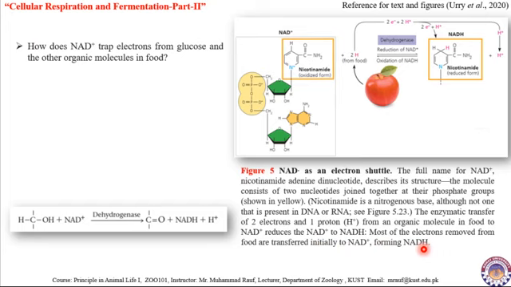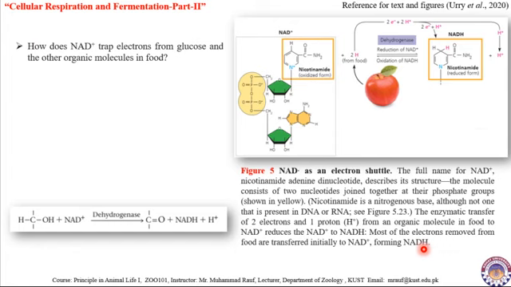So in glycolysis, 2 NADH molecules are produced, then 1 NADH molecule is produced when pyruvate converts to acetyl coenzyme A, and then in the Krebs cycle 3 more NADH molecules and 1 FADH2 molecule are produced for 1 pyruvate.